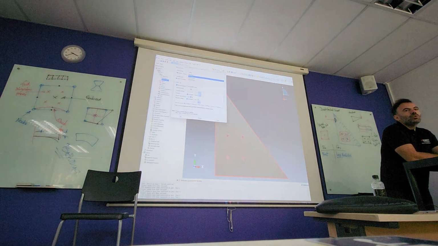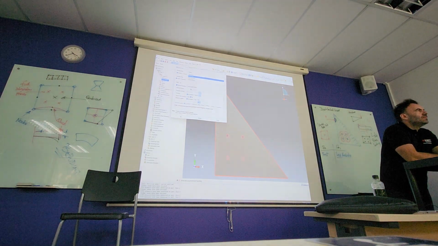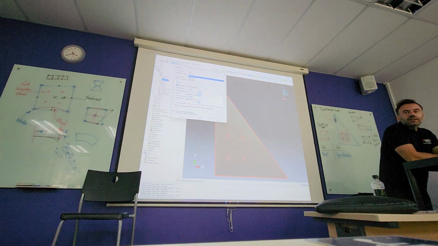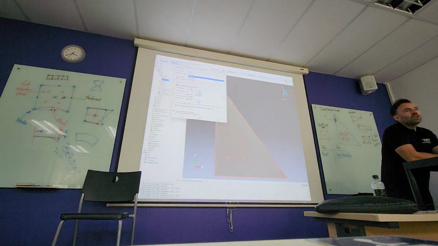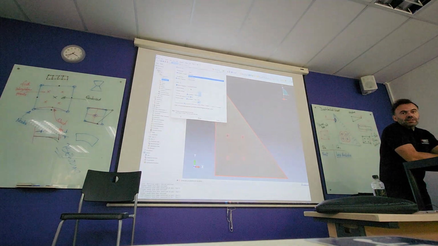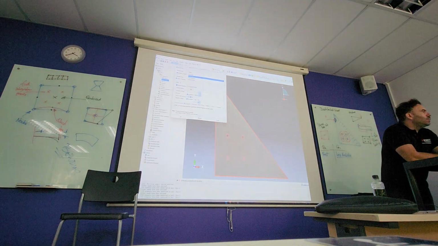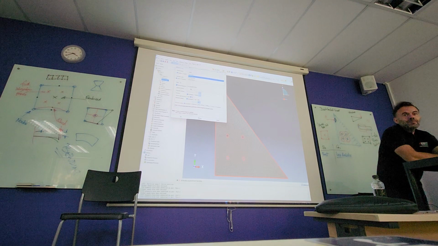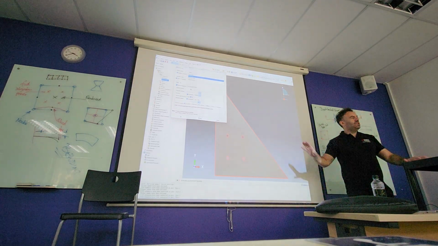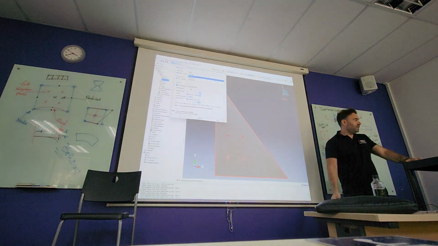If you submit your work and you use linear reduced integration, and you haven't explained why that is a good option, and you completely ignore the fact that there will be a chance of hourglassing, or even if hourglassing is visible, then obviously you don't know what is going on, and it would not be complete. Yeah? So element types, when it comes to these sort of 2D solids, is important.